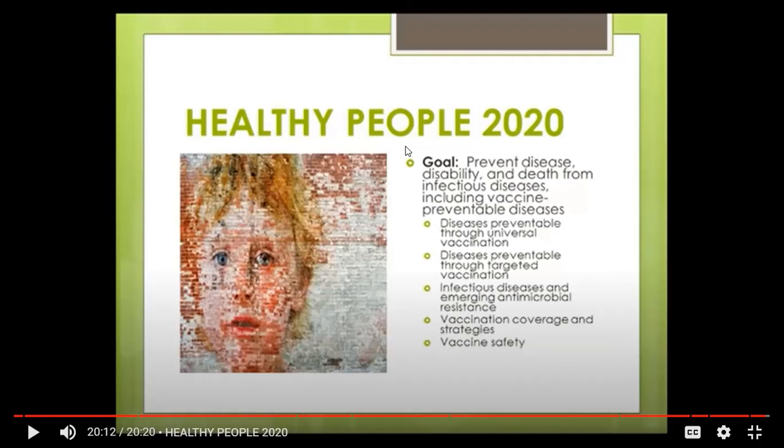So these are the new elements of Healthy People 2030: eliminating health disparities or achieving health equality, and also attaining health literacy to improve health and well-being for all. This is the next goal for 2030.